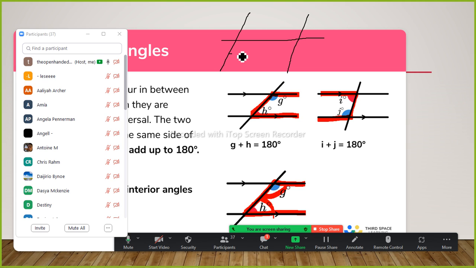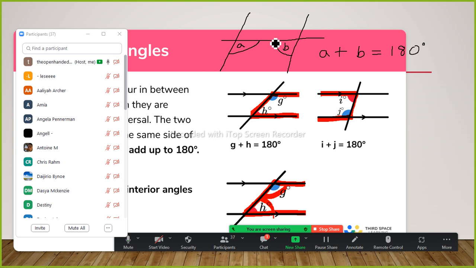This angle right here, let's call it A, and this angle right here, let's call it B. A plus B must add up to what? 180 degrees, because they are co-interior angles. Co-interior angles add up to 180 degrees.